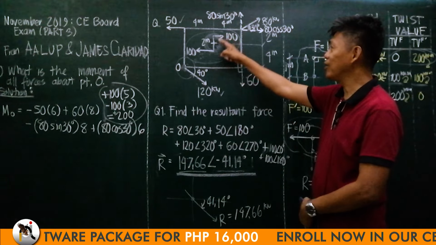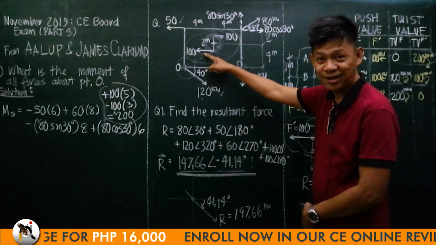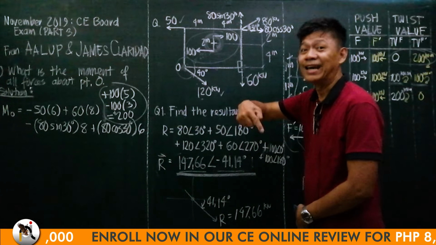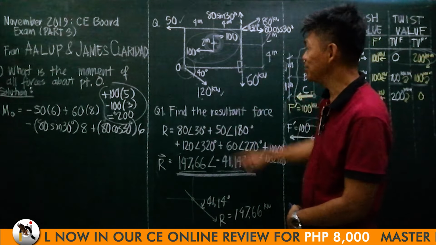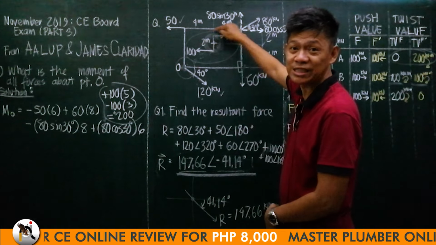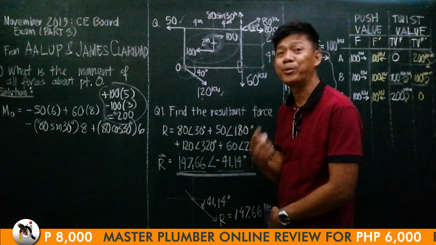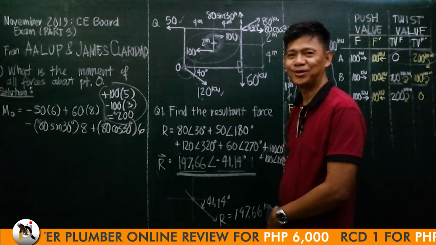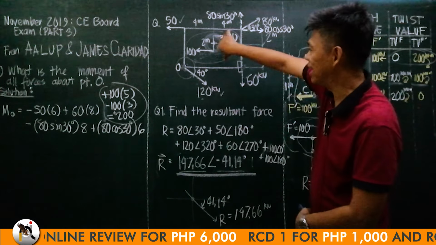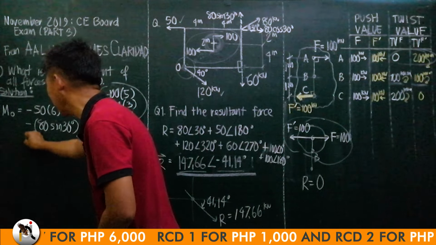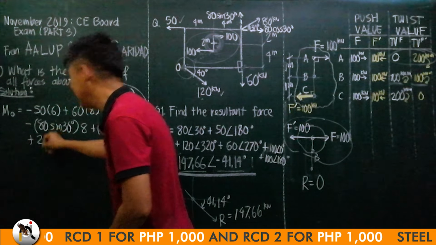So this pair of forces, a couple, can be conversely replaced by that twisting force of 200 kilonewton meter, or merely a pure twist value. You get it? So therefore this will just be plus 200.